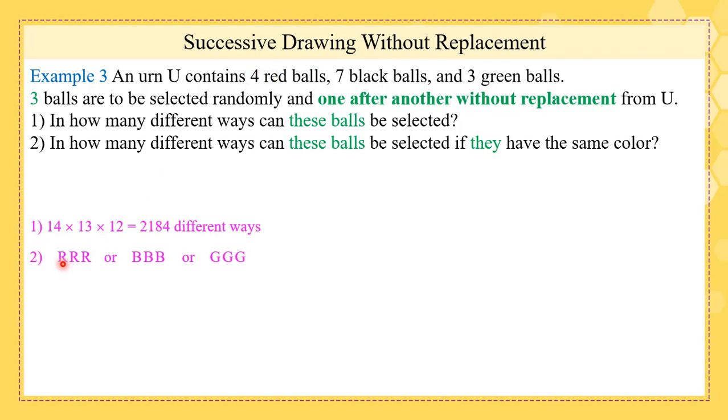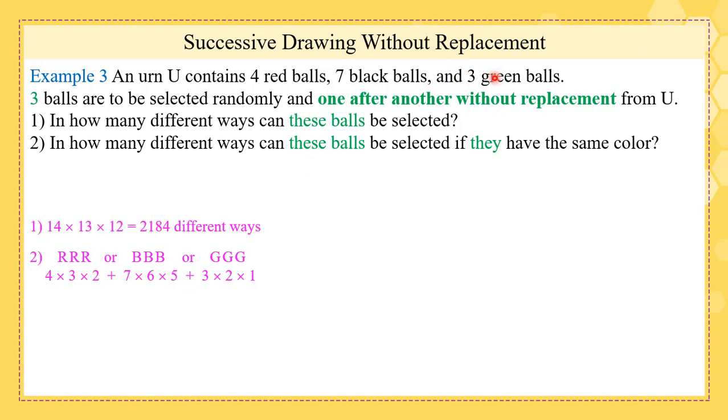So to choose one red ball out of 4, this would be 4. Then we put it aside, we choose another one. We're going to have 3, then we have 2. And OR is represented by this plus. Now black, we have 7 black, so it becomes 7, 6, 5. And this OR would also be represented by a plus.